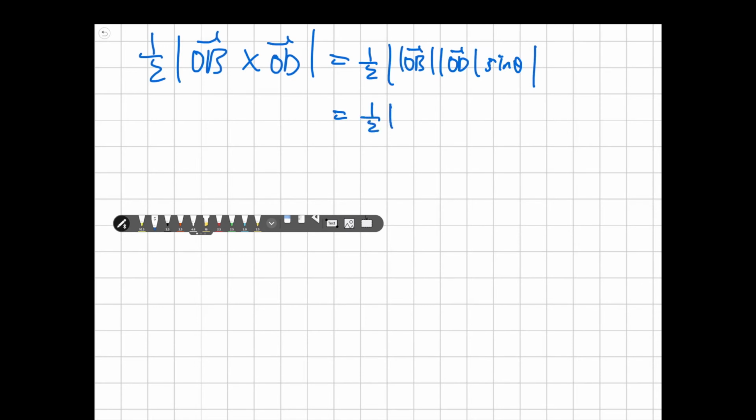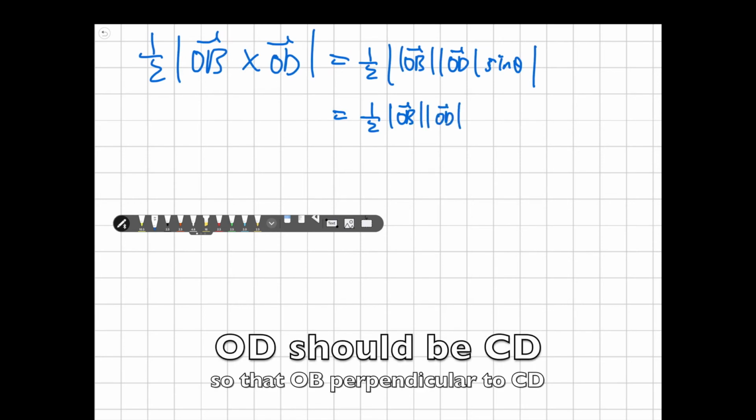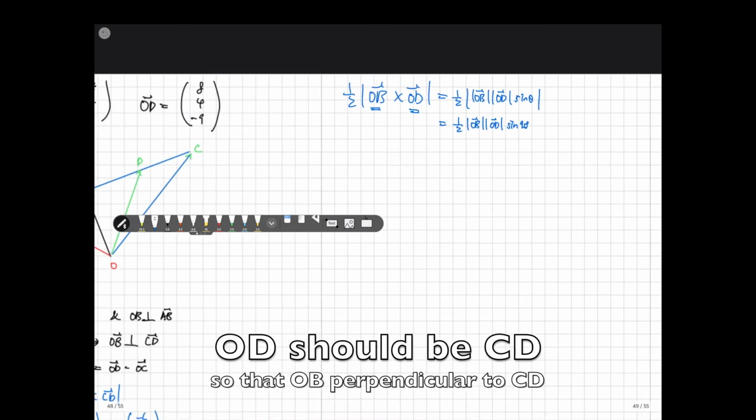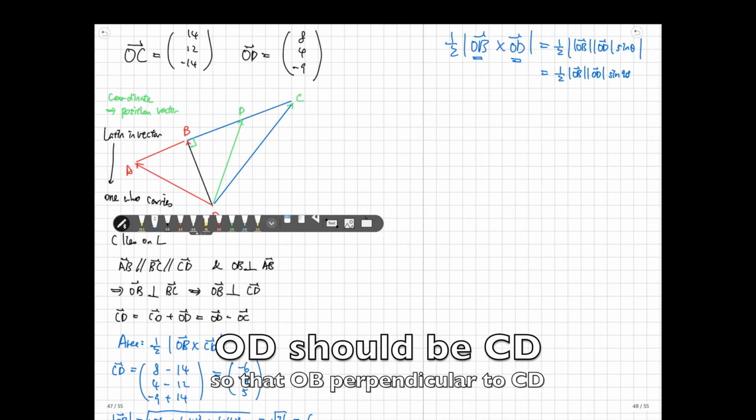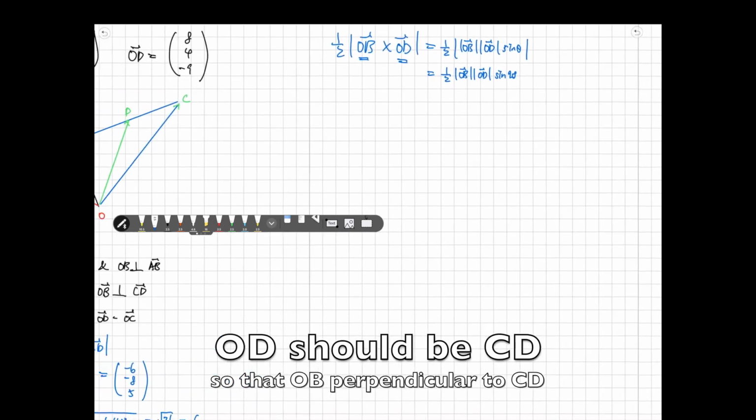So we can find it from the booklet. OB times OD sine theta. So about OB cross OD, they're perpendicular to each other, right? OB cross OD.